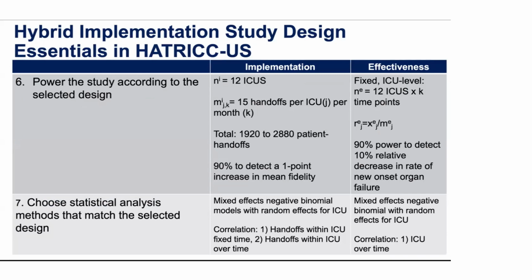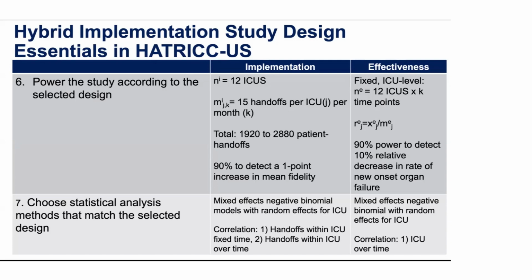So in Hattrick US, again, we had 12 ICUs. The implementation outcome is multi-level in the sense that we have handoffs that are nested within ICUs, and that's all repeated over time. For effectiveness, we originally envisioned that we would just have ICU level data, and then that's repeated over time.